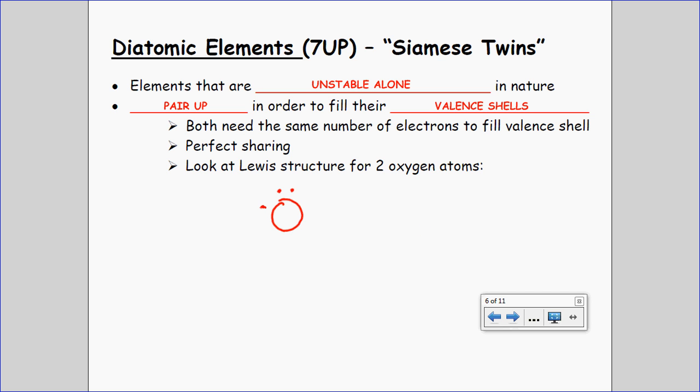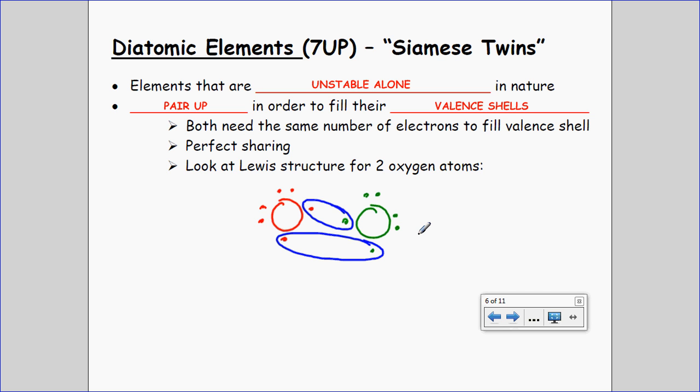Oxygen normally has 2, 4, 6 valence electrons, and another oxygen has 2, 4, 6 electrons. Now, they want to have 8, so they have to share. They'll share 2 pairs.